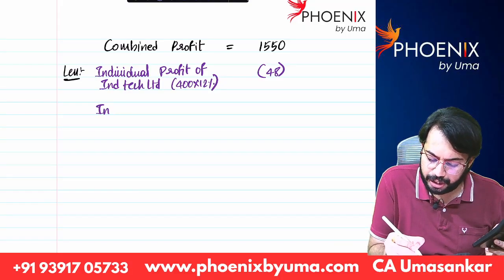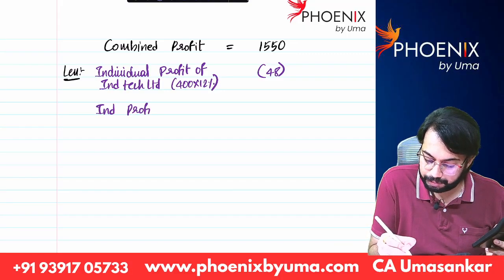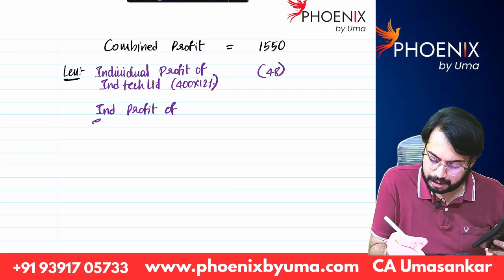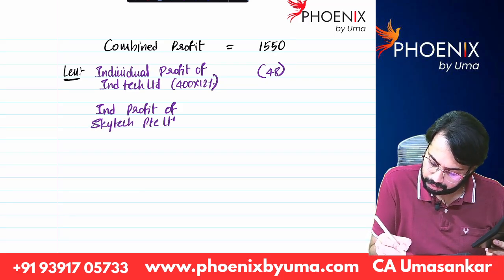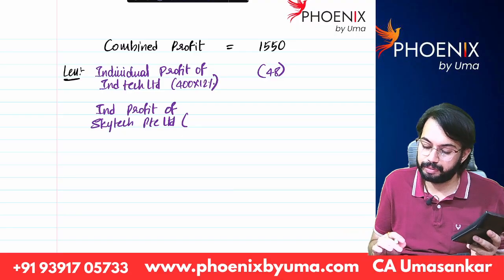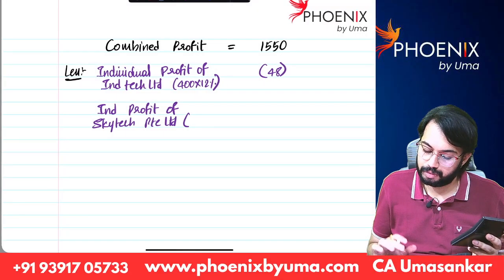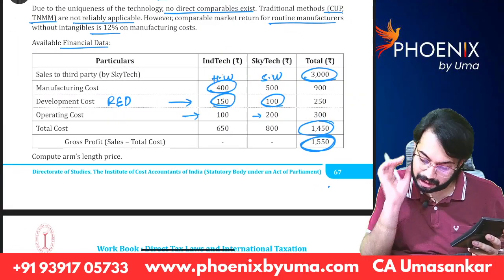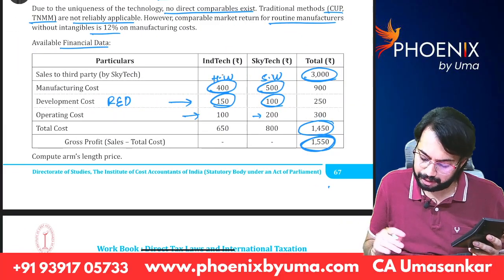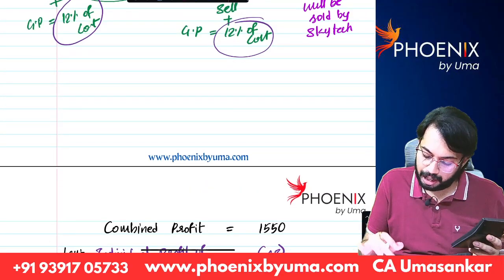Next, individual profit of Skytech Pte Limited. How much? It is also 12% of cost. How much is the cost? 500, correct? 500 into 12%.